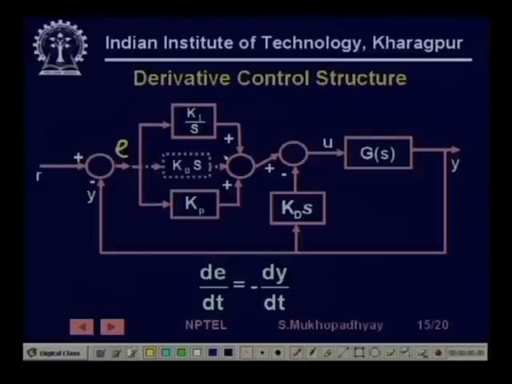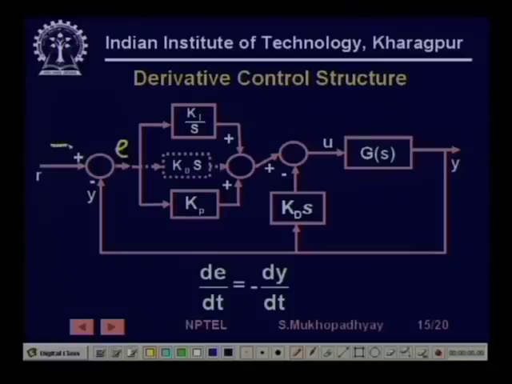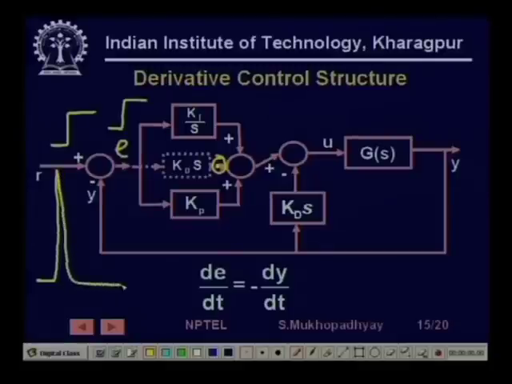Now, as we have seen, we want to avoid giving shocks to the process, right. In many cases the set point is changed like a step. So, if you change the step, what is going to happen to the error? It is also going to change like a step. So, then what will happen to the derivative output here? At this time it is going to rise very much and then it is going to fall to 0.